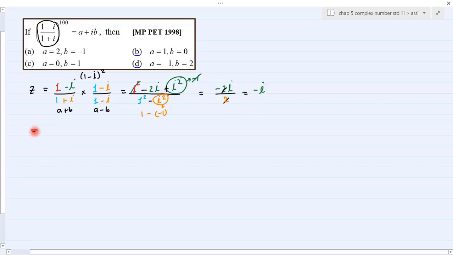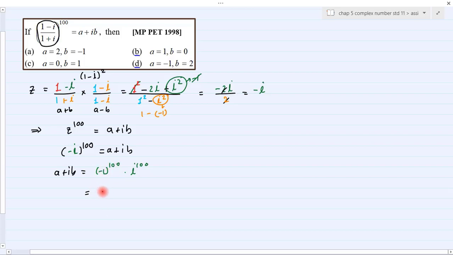But it is given that z raised to 100 is equal to a plus ib. Our z is nothing but minus i raised to 100. So we can say a plus ib is simply (minus 1) raised to 100 into i raised to 100.